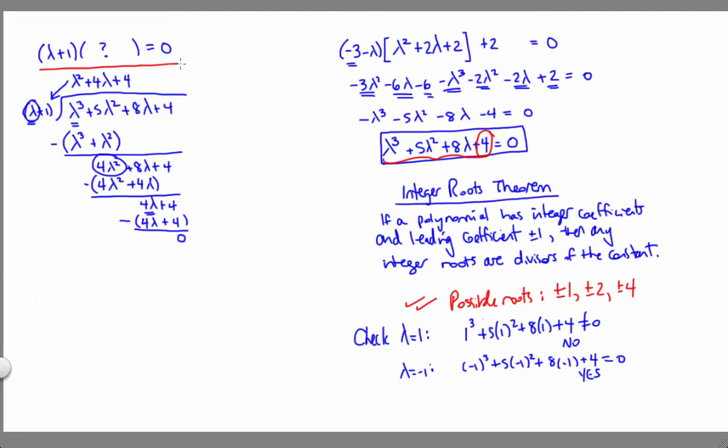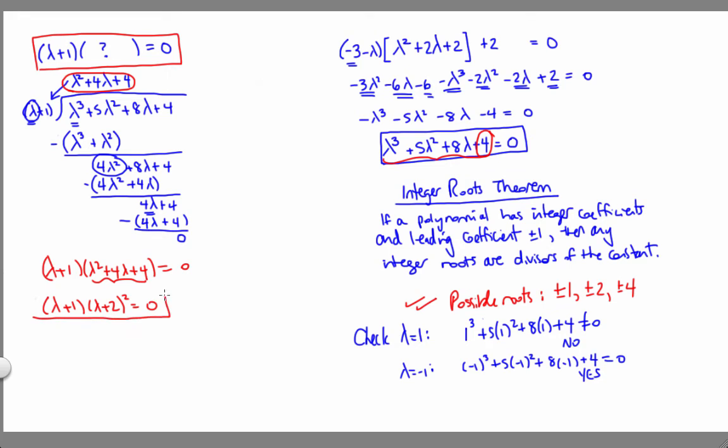So let's go back up to our equation here, and we've now found our second factor. So we can write lambda plus 1 times lambda squared plus 4 lambda plus 4 is equal to 0. And to find our eigenvalues, the last thing we'll do is just factor this fully. So we're going to factor this quadratic, and that will factor as lambda plus 2 all squared.